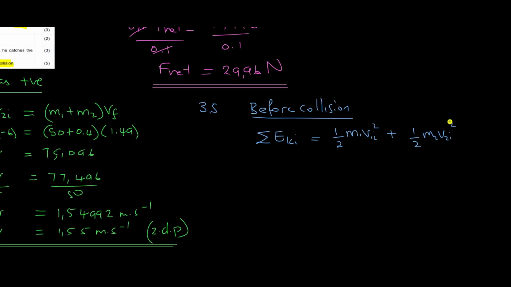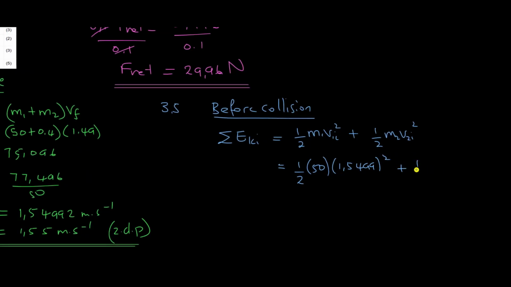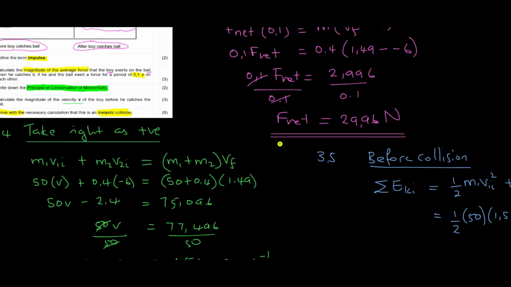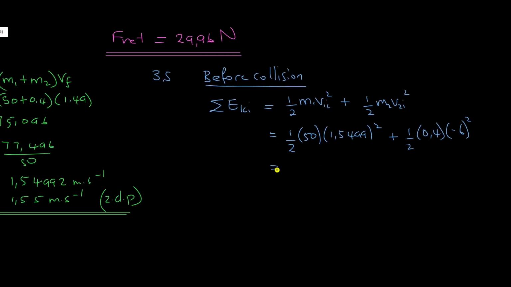So this is equal to 1 over 2, the mass of the boy is 50 and his velocity was 1.5499 squared, plus 1 over 2, the mass of the ball 0.4 times the initial velocity, which is negative 6 squared. You then do the calculation.